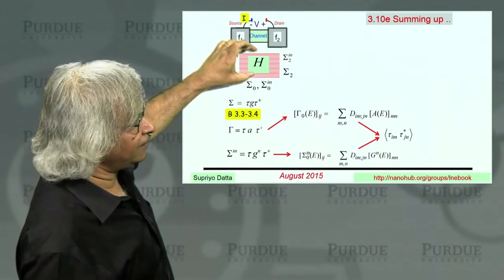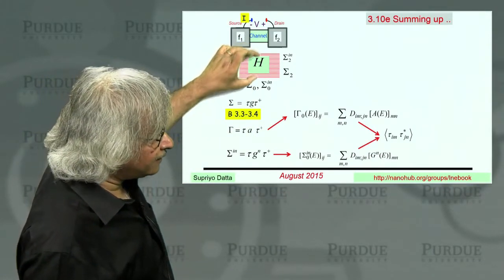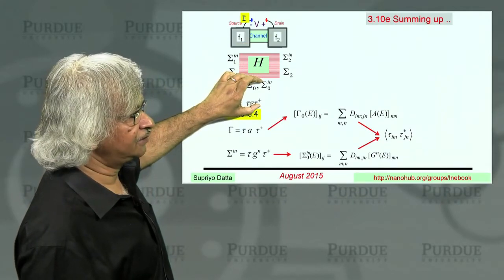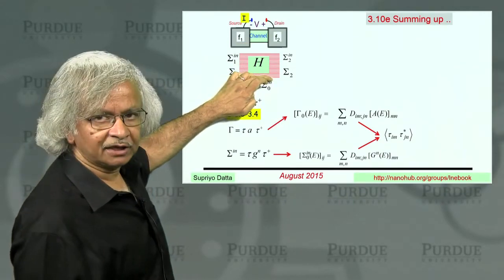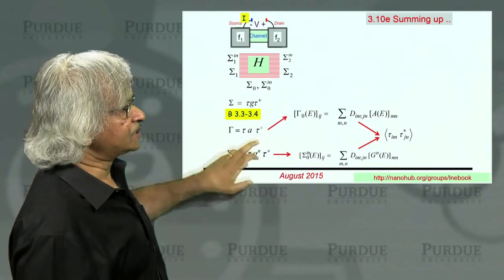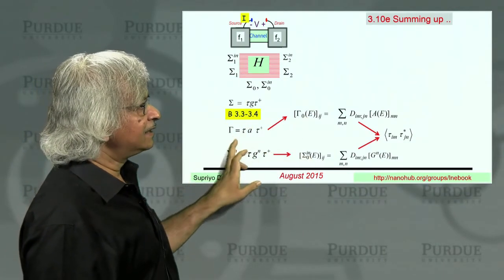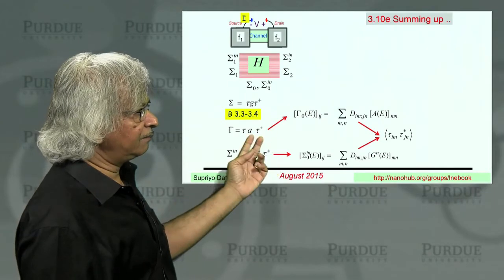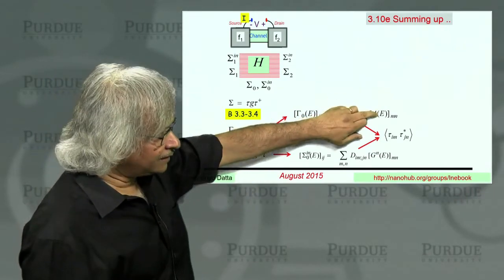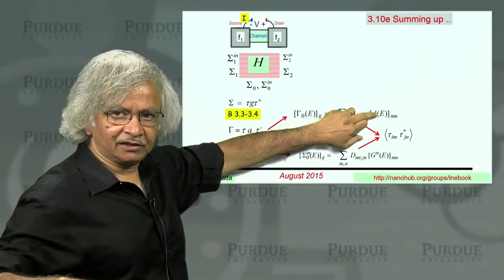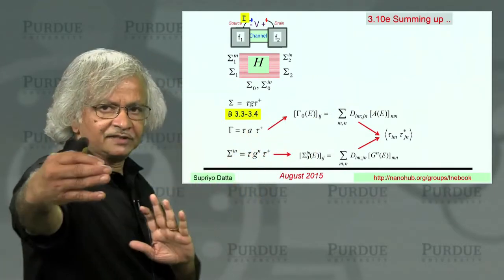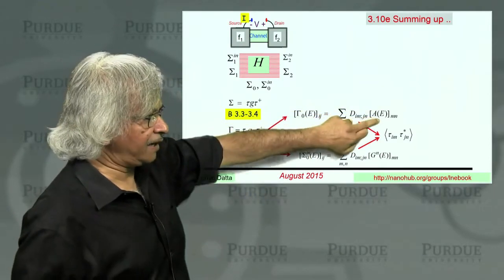That is, as if you have taken the conductor and connected it to a replica of itself through the scattering potential, the taus. And so you could write the resulting gamma 0 as tau A tau dagger, but the A is now the density of states of the conductor itself, not of some other physical contact, but it's the same A.